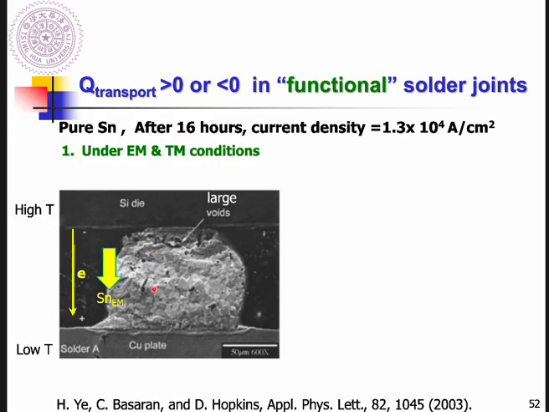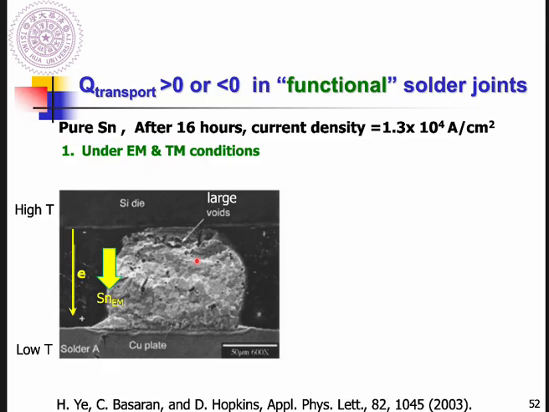If it is positive, the atomic flux induced by TM will go downward. But if negative, the atomic flux will move from low temperature toward high temperature, in the upward direction, depending on the sign of the heat of transport. So there are only two possibilities, either this way or this way, right?